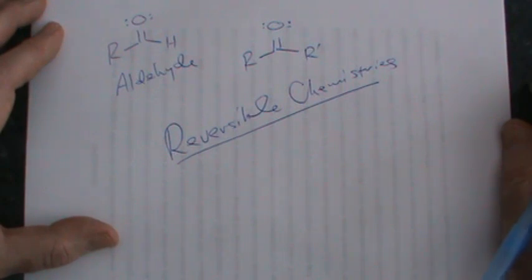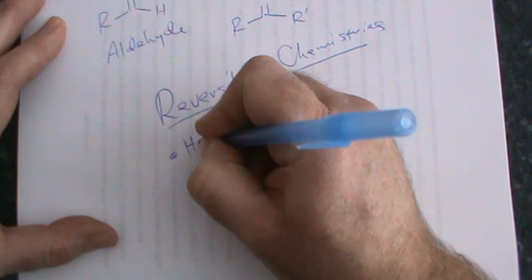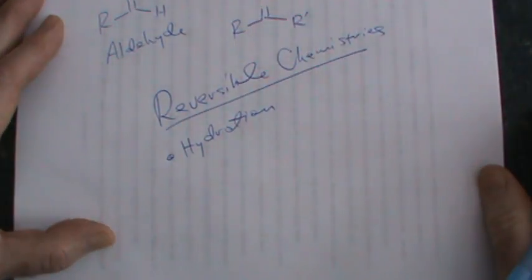But also because there's another set of reactions which are irreversible, and we'll cover those a little bit later. So aldehydes and ketones undergo both reversible and irreversible reactions, and today we're focusing on the reversible types. The simplest we covered already, and that is called a hydration reaction.